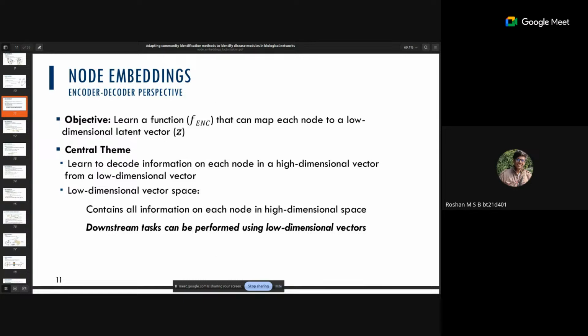So how many rows will it contain for any arbitrary graph? That will be equal to your number of nodes, right? And the columns, the number of columns will be decided by you. That is something you have to fix beforehand and then do this whole encoder and decoder thing.